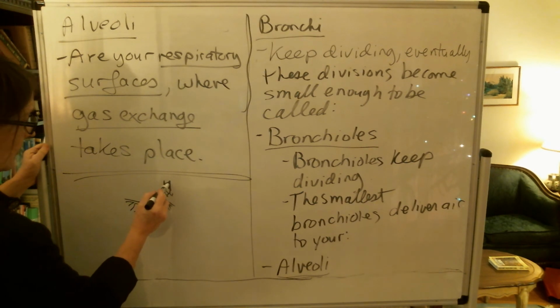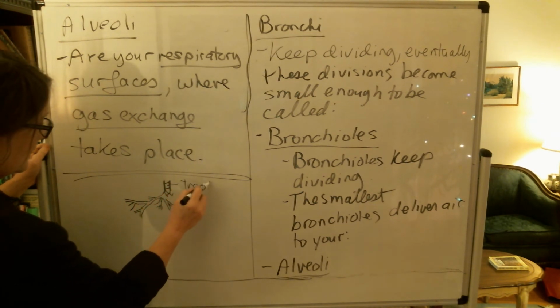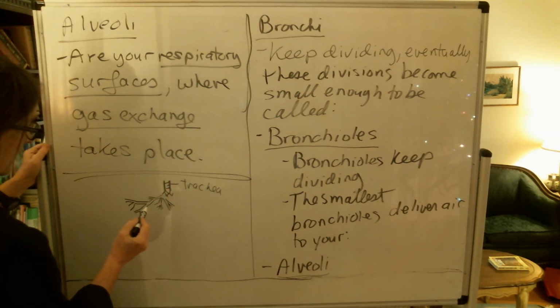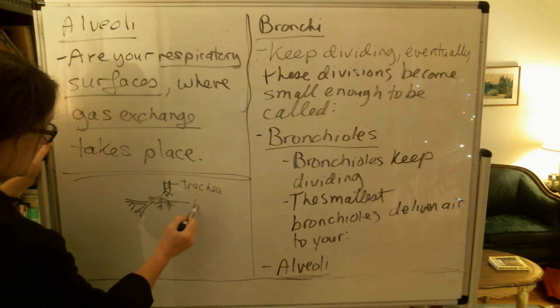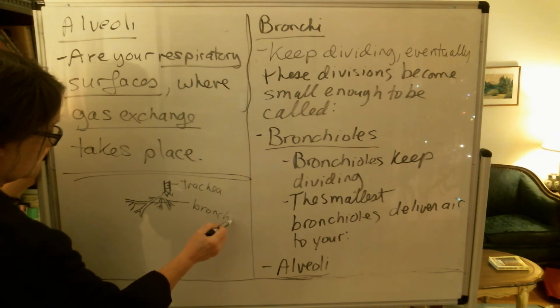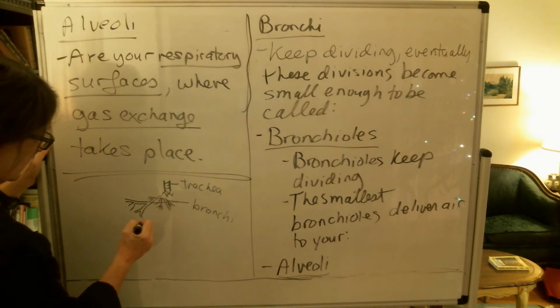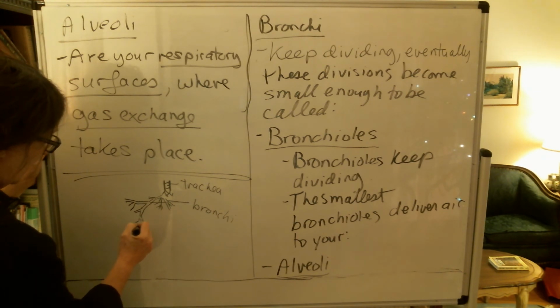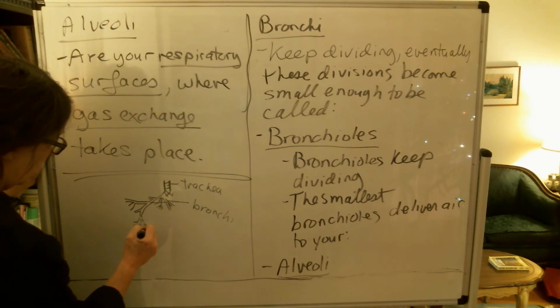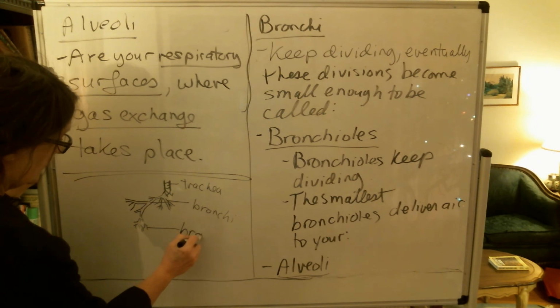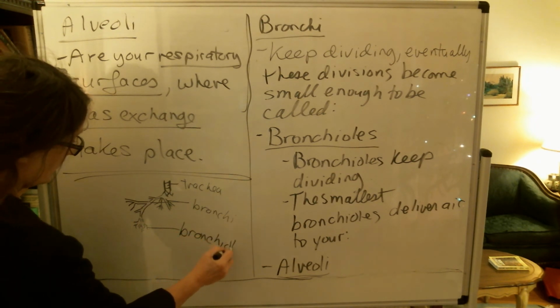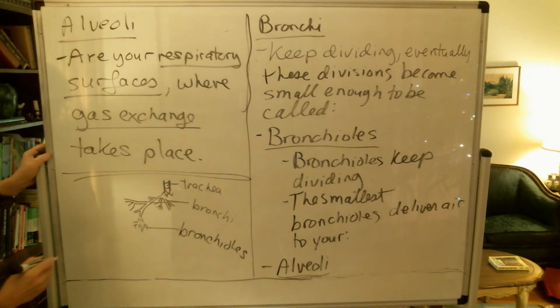So you wind up then with the trachea. You wind up with a whole bunch of different bronchi. And then eventually these little divisions are going to get small enough, though they're going to keep dividing and dividing and dividing, but eventually they are going to become small enough that they are known instead as bronchioles.